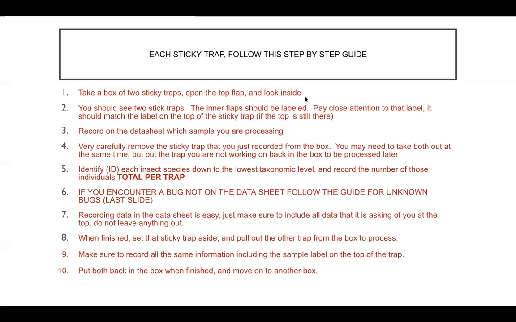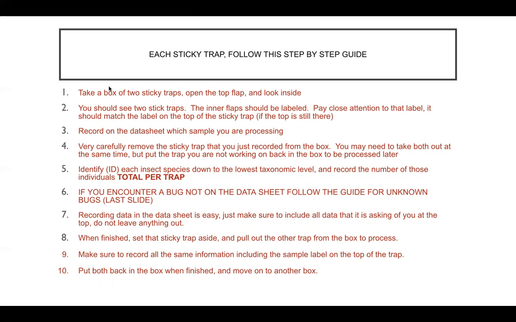Before even pulling them out, you want to look inside. When you open it up, there's going to be flaps on either side that hold everything in. What we did was we labeled the site, the year, and the plot on the top of the sticky trap as well as on that flap. You want to make sure that the flap and the sticky trap match.